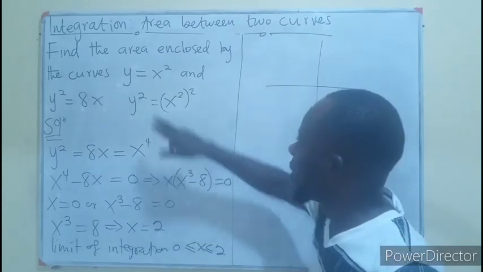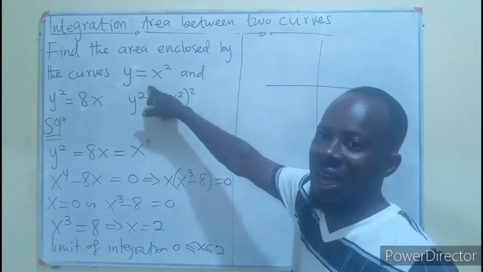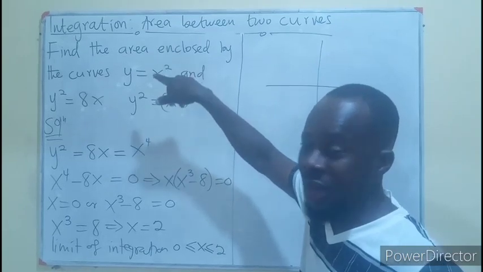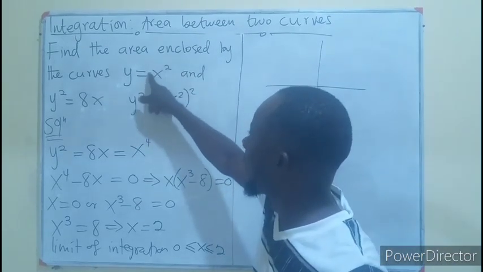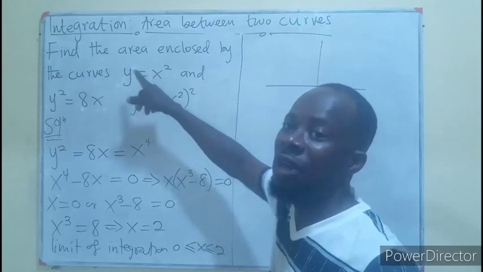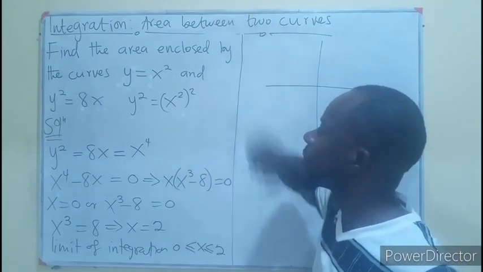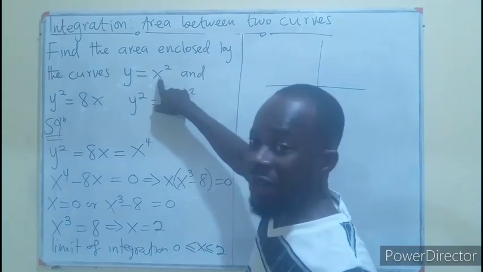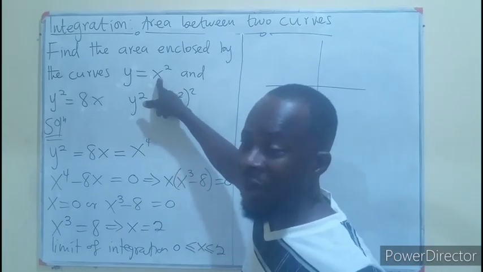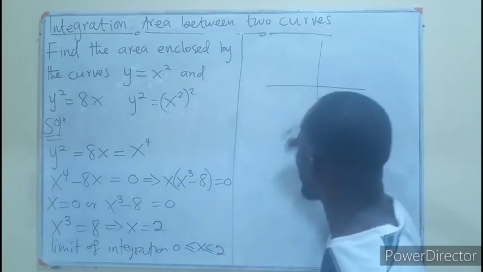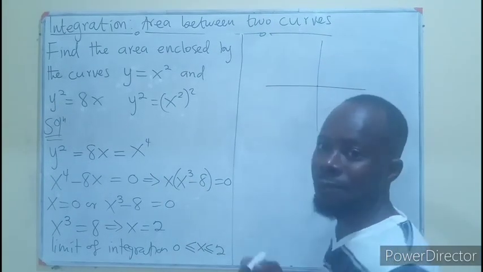So for the first one, we know this is a quadratic with a square. Simply put, we are having a parabola, and if the coefficient is positive, it means we are going to have an open upward curve. Now, let's first find the intercepts on both x and y axes. If x is 0, y will be 0. It means the curve will pass through here.